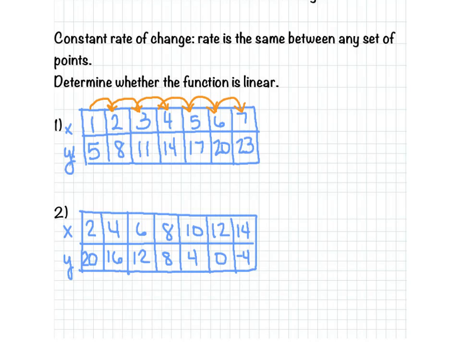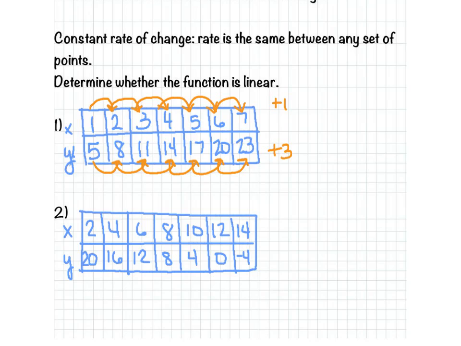So the rate of change each time is +1. And then let's look at how the y changes from point to point to point. And as you look at that, you'll notice that the rate of change here is +3.